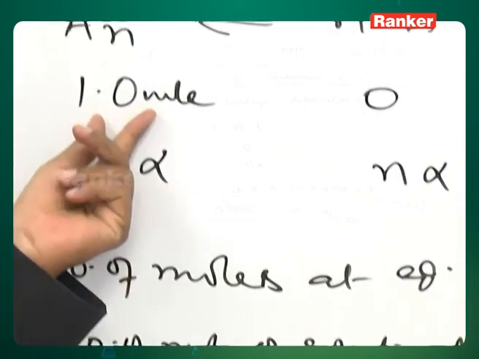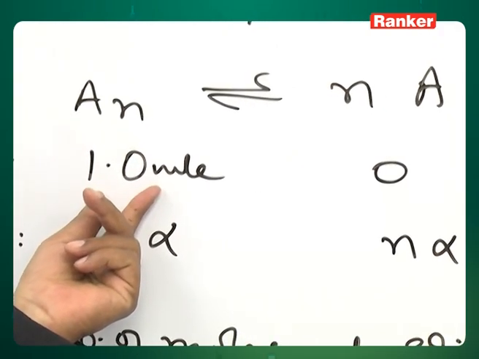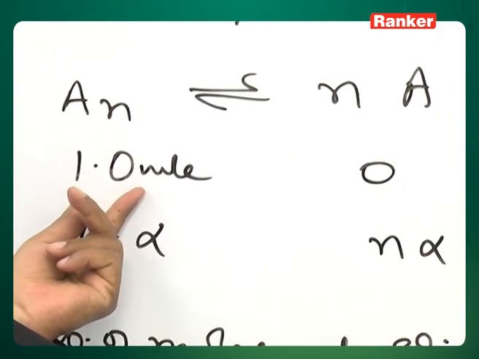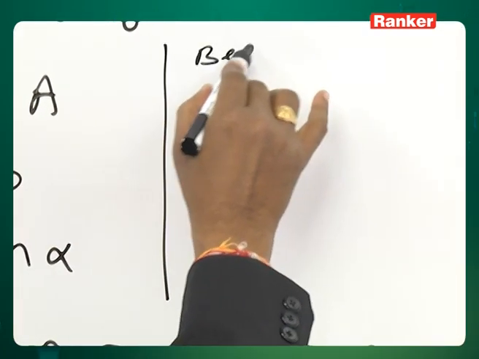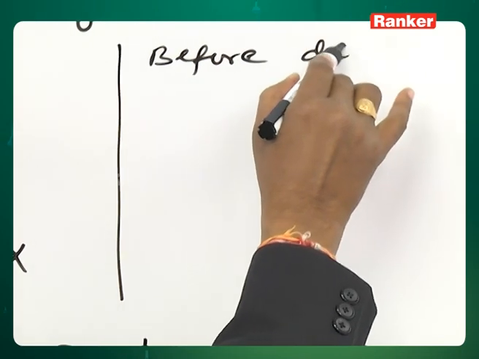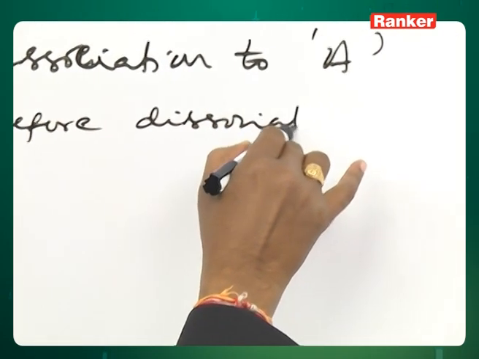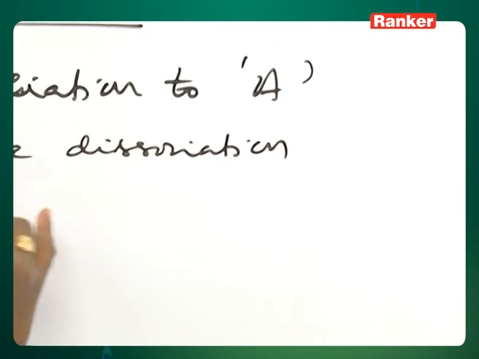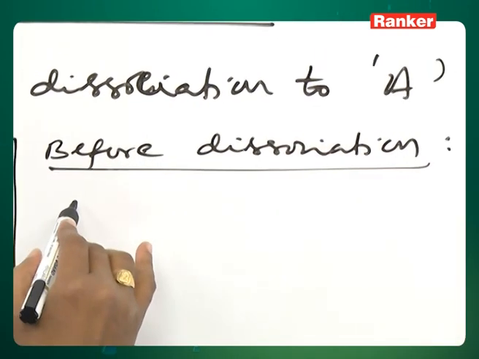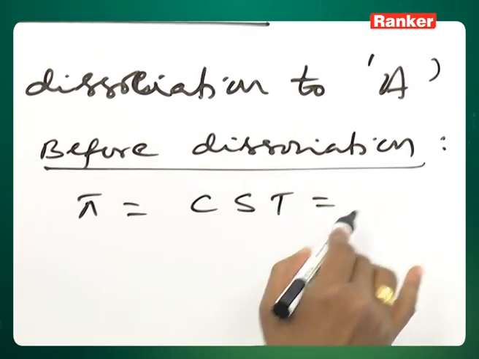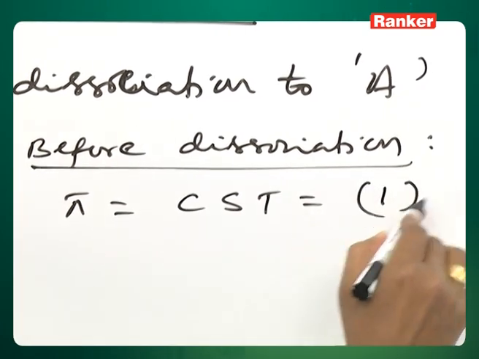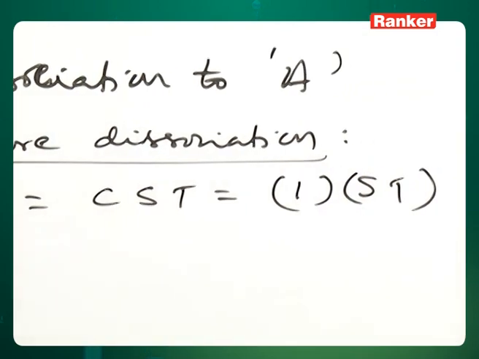Before dissociation, you have 1 mole of solute. So, your colligative property, for example, osmotic pressure pi, is equal to CRT, that is equal to 1 into RT.